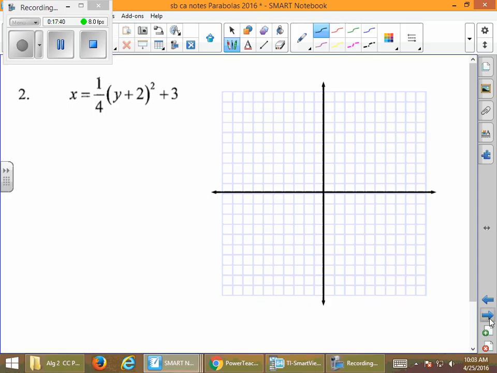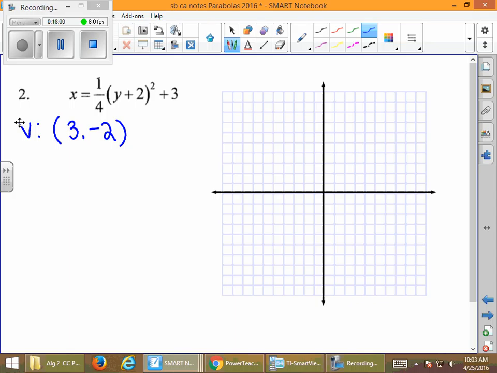And on this particular problem, like the others, let's start off with the vertex. And the vertex of this is h, k, and it's going to be 3, negative 2.